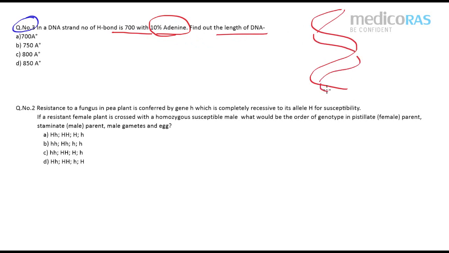Yes, so we know in the DNA helix, from one pitch to the other pitch, that means in one complete turn, we have a total of 10 base pairs, and that is the length of 34 angstrom, correct? Again, we also know that according to Chargaff's rule, adenine is always equal to thymine and guanine is equal to cytosine. So if adenine is 10%, then obviously thymine also has 10%, correct?